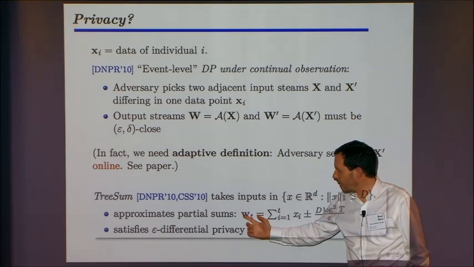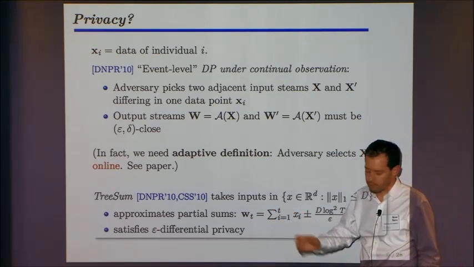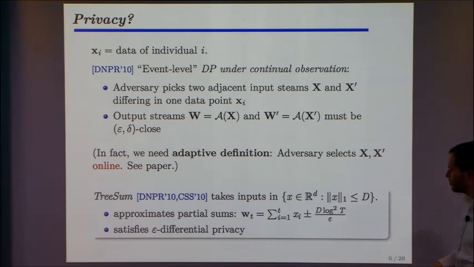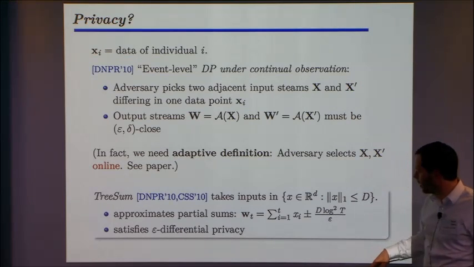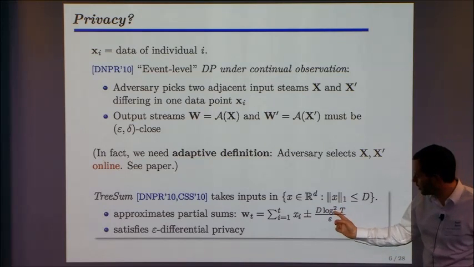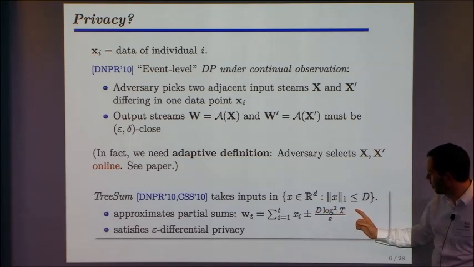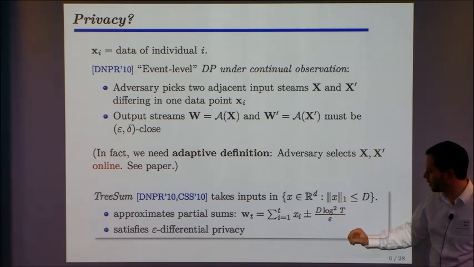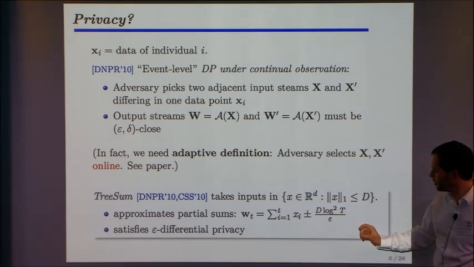Then what I get is basically some binary tree-based algorithm that gives me a pretty good approximation to each of the sums, with a polylog error and a dependency on the dimension that's missing. So this should be the diameter times the dimension. Yeah.